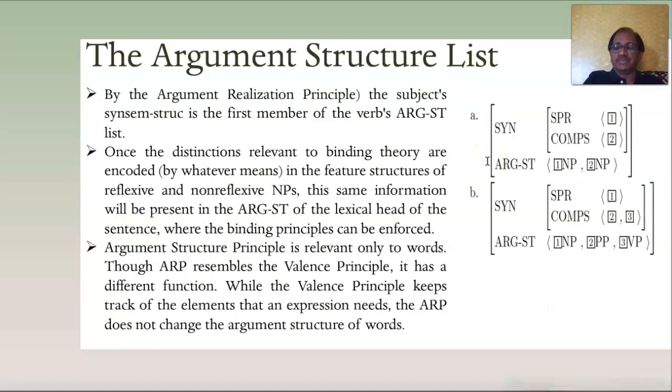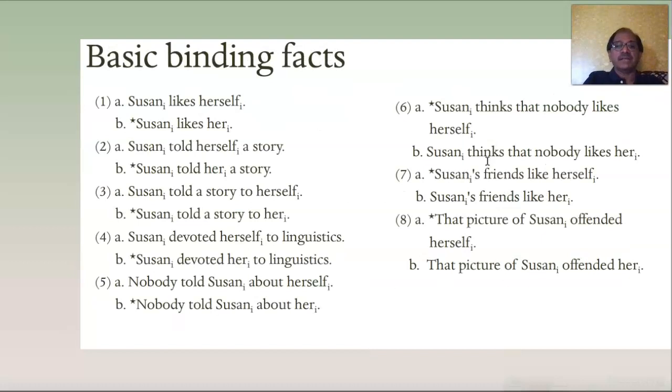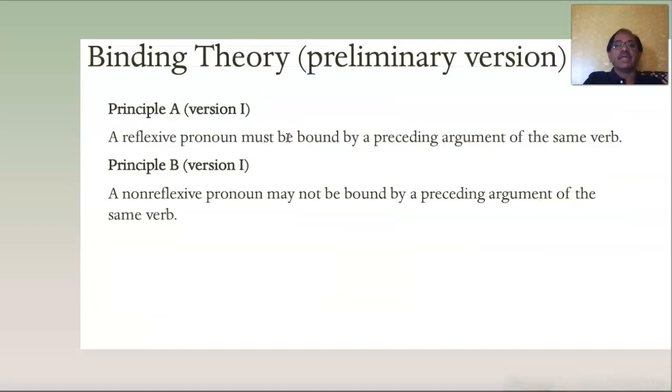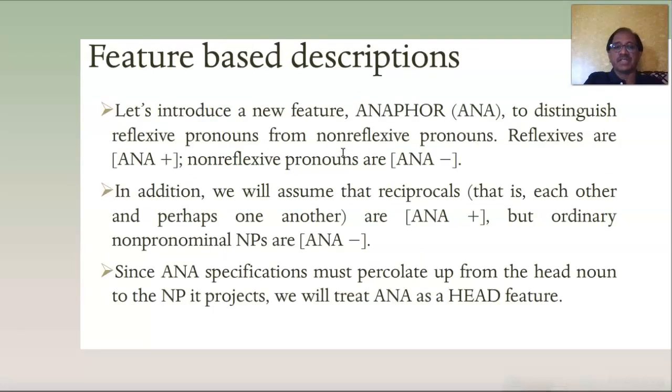We have seen binding facts, where we said a reflexive can be co-indexed with an argument of the same verb, right? And what we're saying is the argument, which is the antecedent, should precede the reflexive, and reflexive and pronoun are complementary. That's what we have seen in the preliminary version of binding theory.